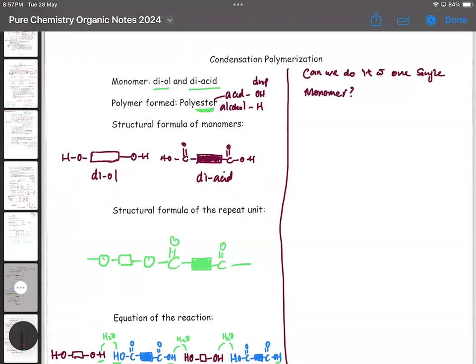Okay, because an ester requires an alcohol group and an acid group to react. So how will our single monomer work? That means our monomer will look like this. One side having the OH, the other side having the acid. In this case, then we will just have a single monomer that will do both of the monomer jobs on the left-hand side.